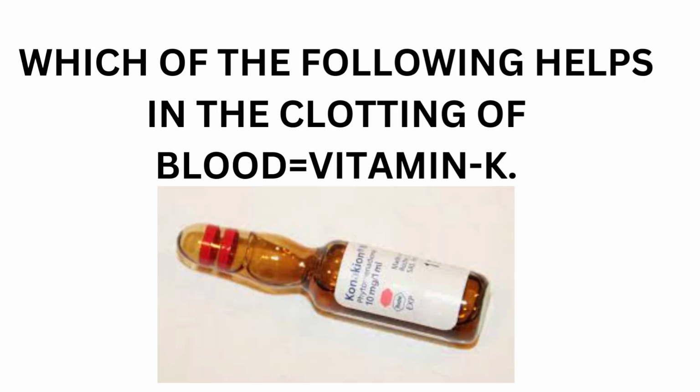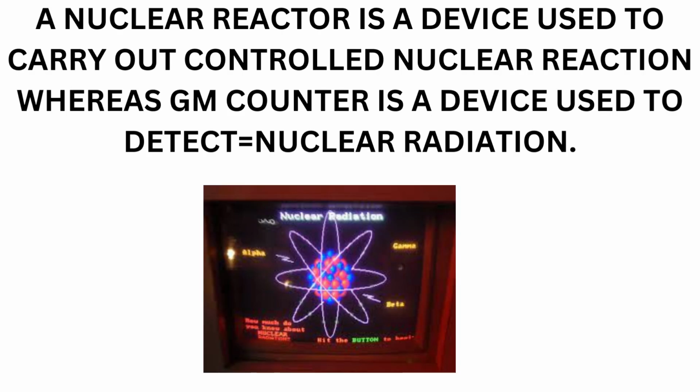And which of the following helps in the clotting of blood? So it's vitamin K. And a nuclear reactor is a device used to carry out controlled nuclear reactions, whereas a GM counter is a device used to detect nuclear radiation.